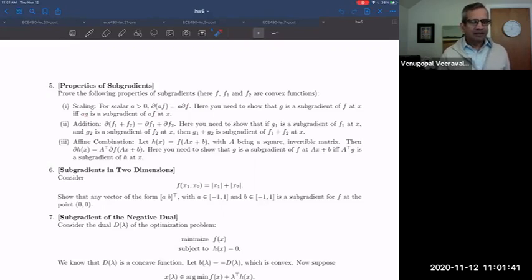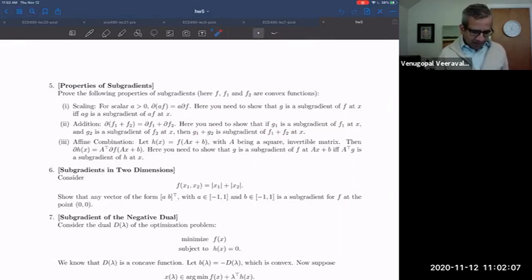In the second one, I only ask you to take the implication one way. In other words, if I have two functions, f1 and f2, and g1 is a subgradient of f1, and g2 is a subgradient of f2, then the sum of these subgradients is a subgradient of f1 plus f2 at that point x.